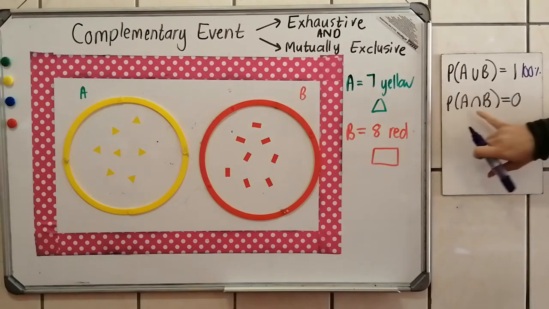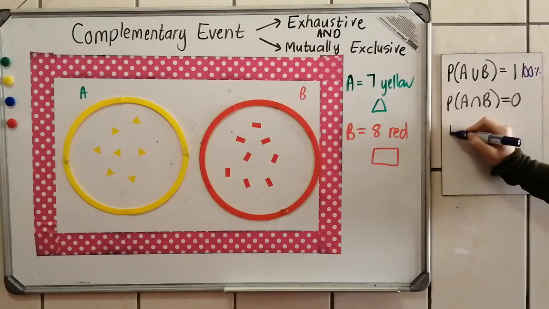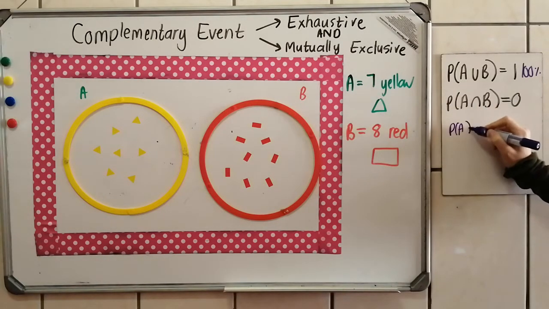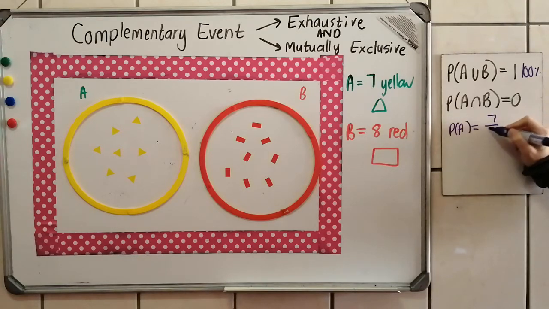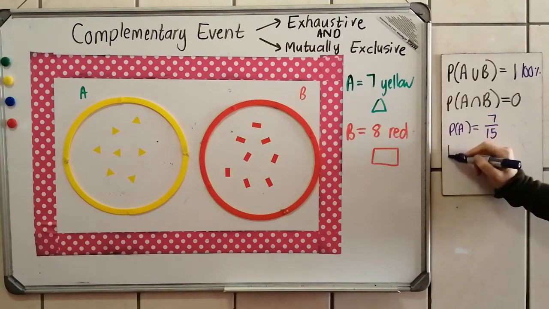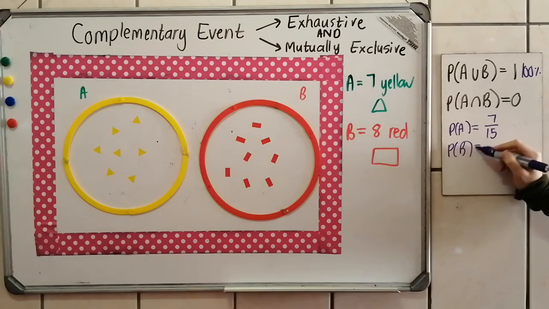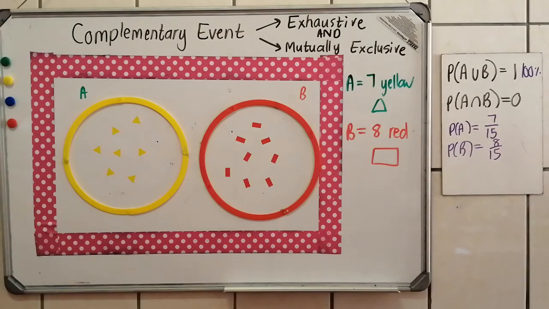And now let's just check out their intersection. So I take the probability of A, which we said is 7 out of 15, and the probability of B, which we said is 8 out of 15, but none of these things are made up of anything in common because these are 7 yellow triangles and these are 8 red rectangles. There's nothing in common. Remember, the intersection is what they have in common.